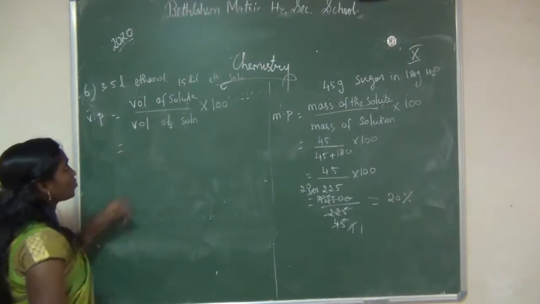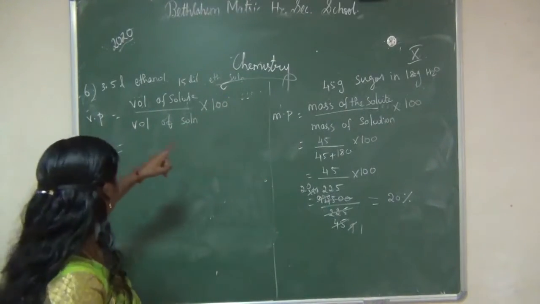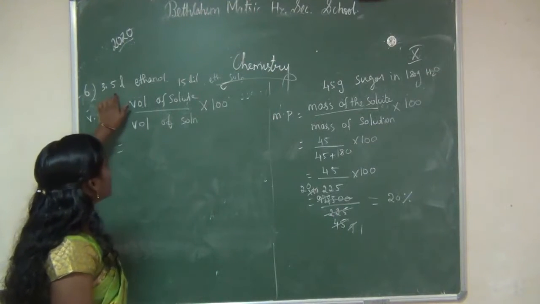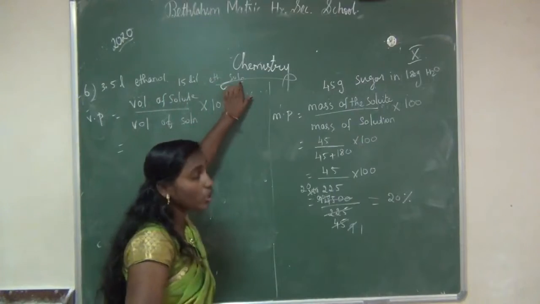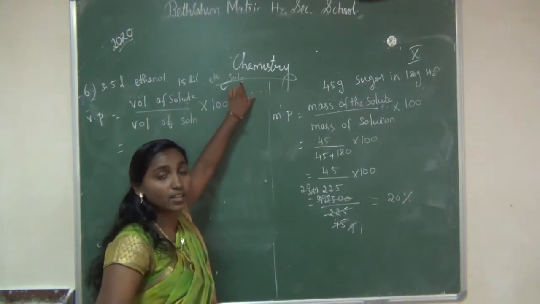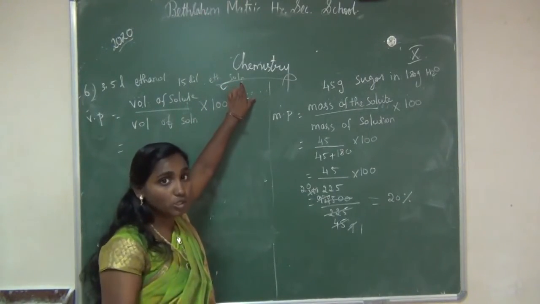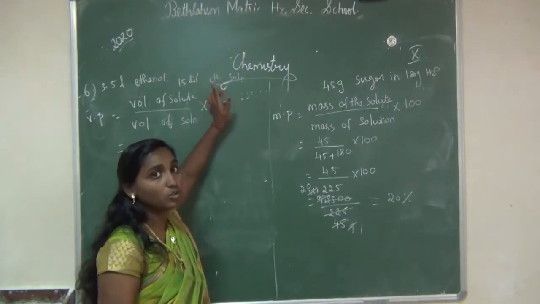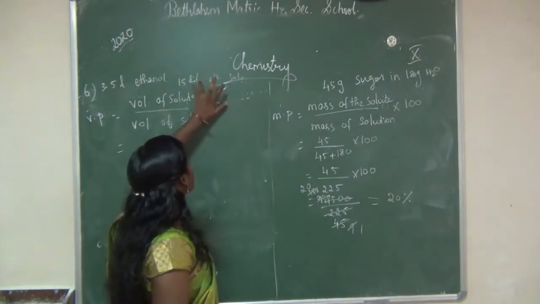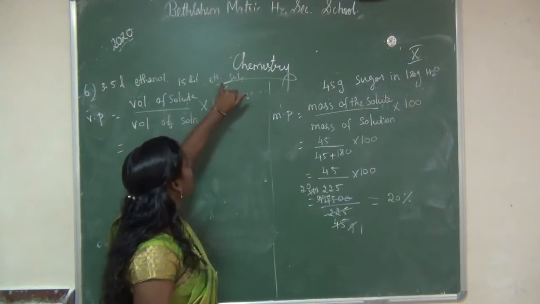So here, what is solute and what is solvent? Ethanol is the solute. Ethanol solution means that it contains ethanol and water.